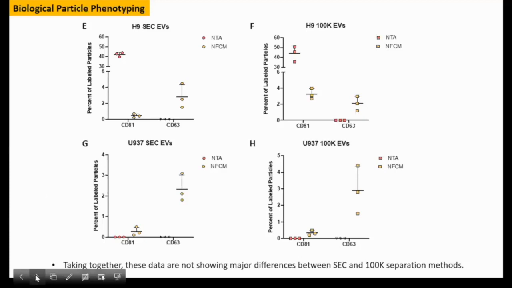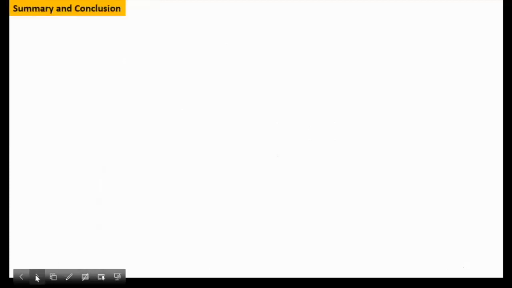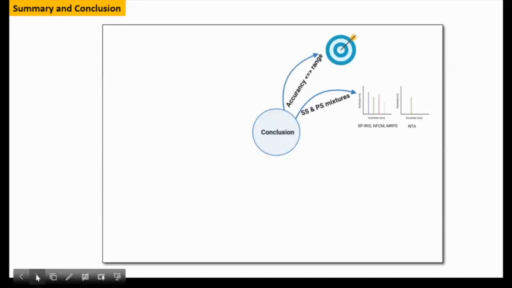All right, so this brings us to our summary conclusion slide. For any platform and configuration, particle count is accurate only within a certain range, and sensitivity of particles of different sizes and refractive indexes should be considered, since EVs are polydispersed and therefore will have heterogeneous dynamic light scattering.